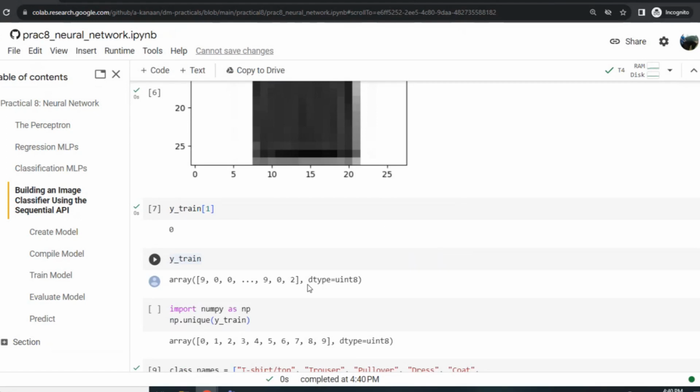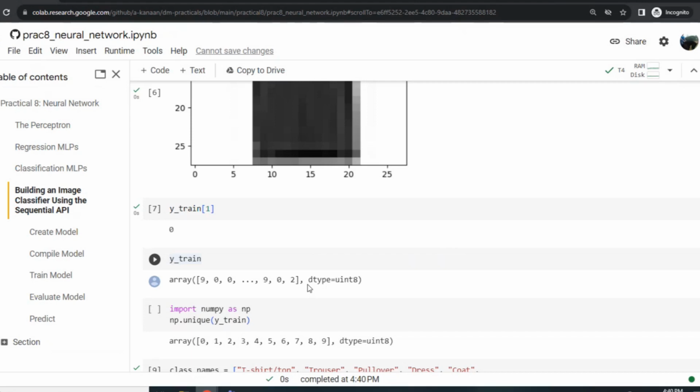By the way, is this a binary, multi-class, multi-label, or multi-output classification problem? Let's see. Again, I repeat, what is the problem we have in hand?